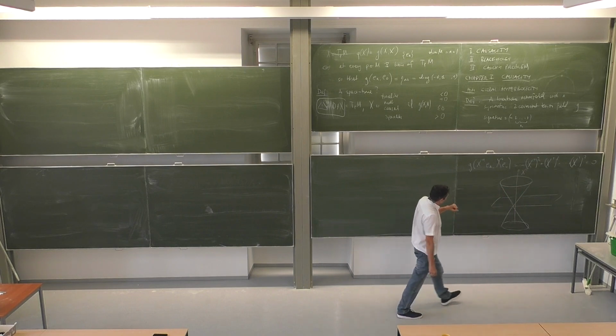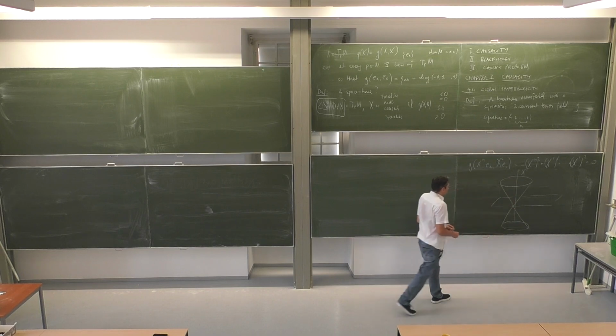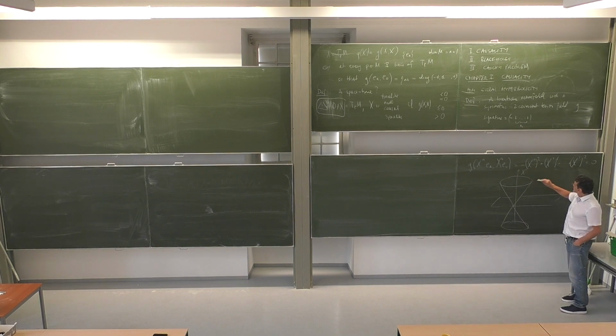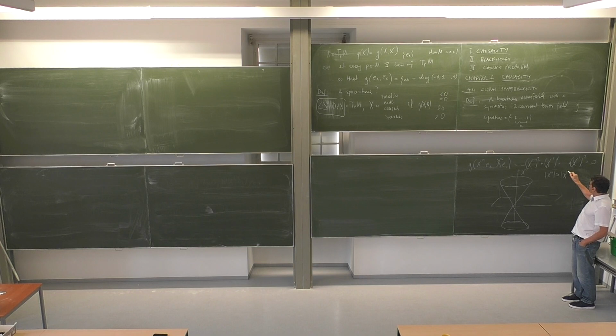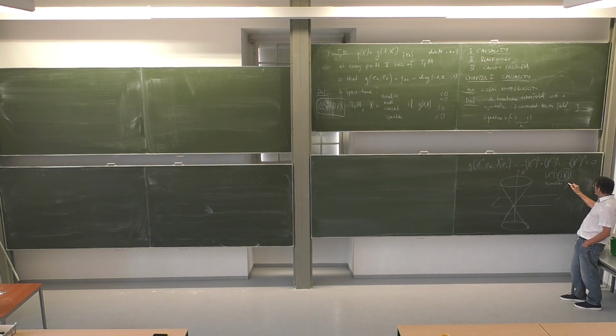Good. So of course I'm removing 0 from here, so this point is missing, and time-like vectors are those for which the length of x naught is larger than the length of the space part, which doesn't involve the 0 component.